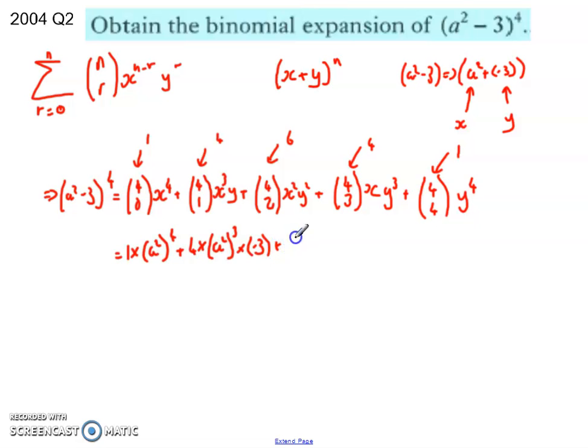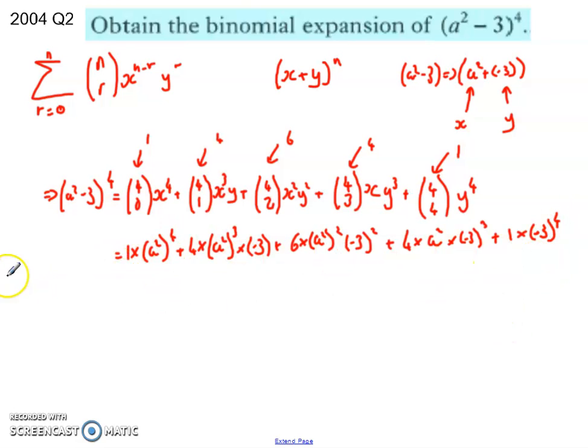I'm then going to have plus 6 times a squared squared times negative 3 squared. Then plus 4 times the x, which in this case is just a squared, times negative 3 cubed. Then plus 1 times negative 3 to the power of 4.